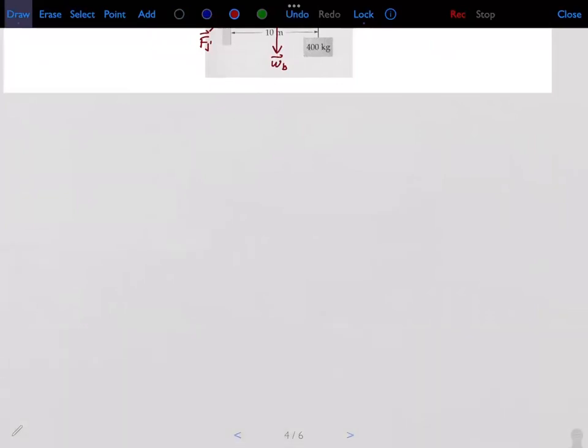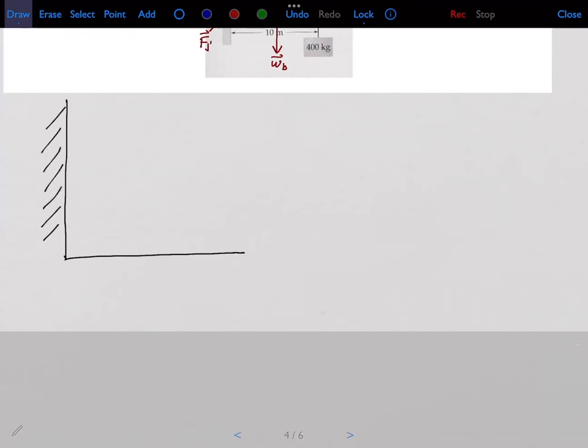Okay, so here is the wall. Here's the beam. I'll just do this to signify a wall. It's not moving. This is the cable. Let me shorten this a little bit.